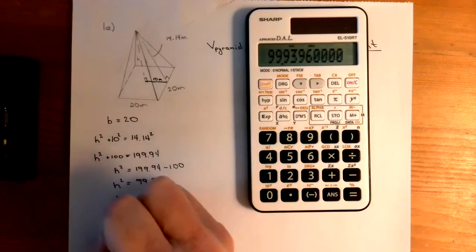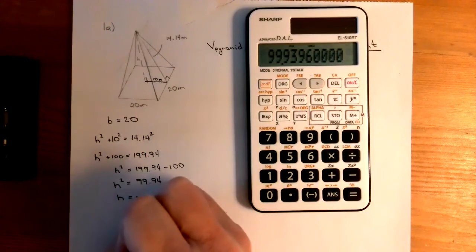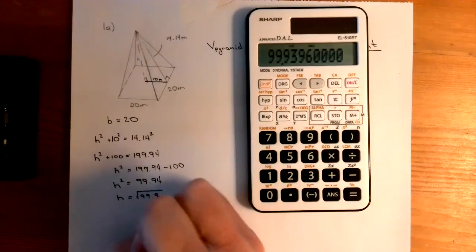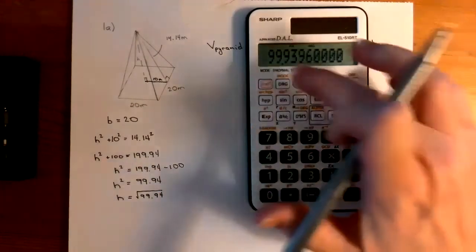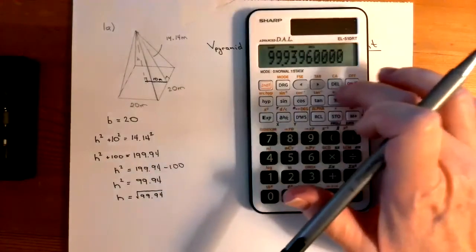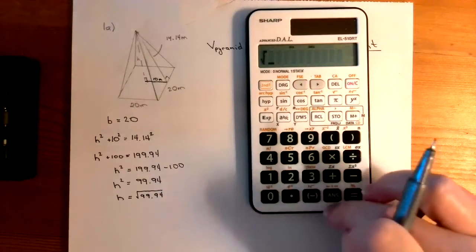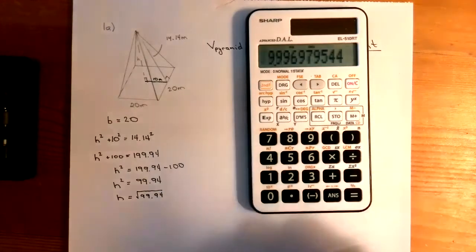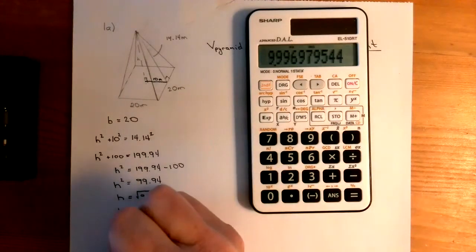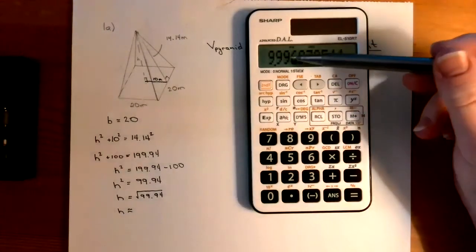And then h is going to be the square root of that.